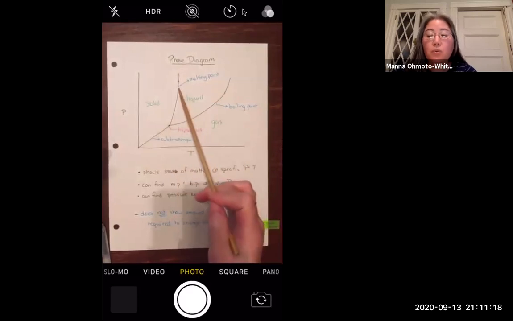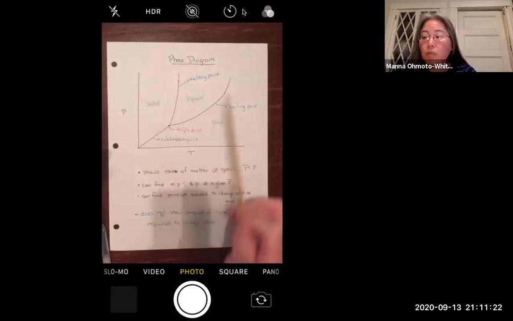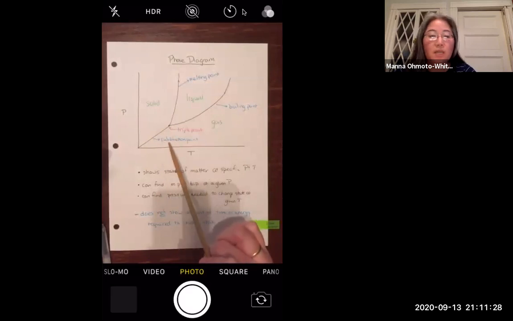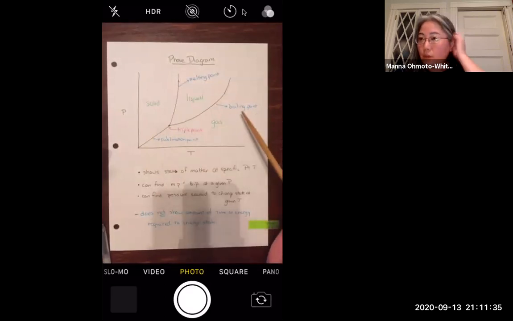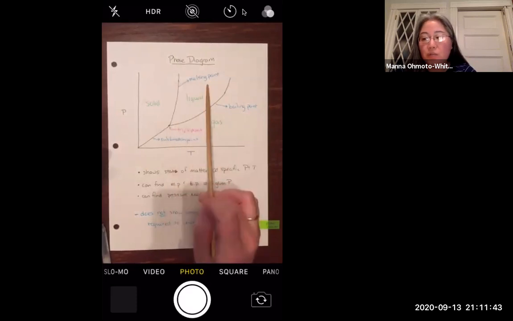Those are the melting point if you're going from a solid to a liquid, the boiling point if you're going from a liquid to a gas, and if you're going straight from a solid to a gas, it's the sublimation point. If I'm going backwards, the opposite of boiling is condensation, and the opposite of melting is freezing.